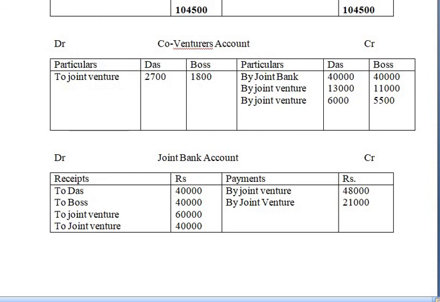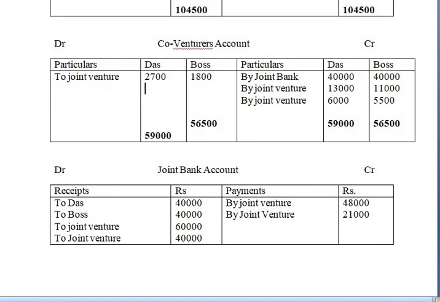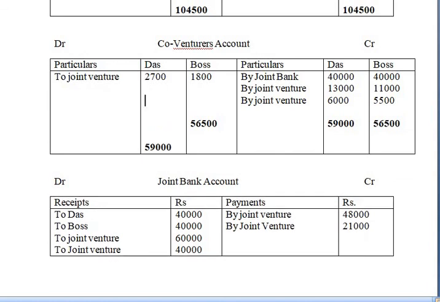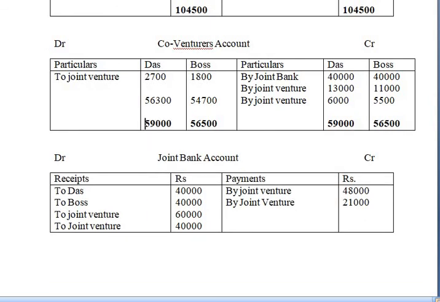So here co-venture account is balanced for 59,000 for Das, 56,500 for boss, and the balance figure for Das will be 59,000 minus 2,700, so 56,300, and for boss 56,500 minus 1,800, so 54,700 for boss. This will be the balancing figure.